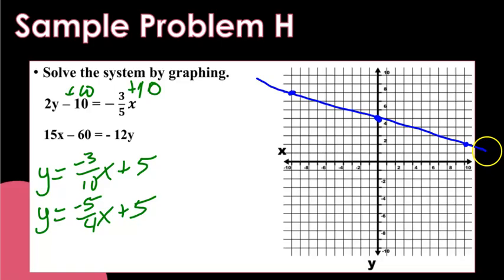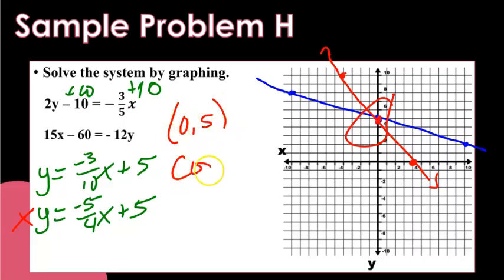So there's one line, and then the red one here, positive 5, negative 5/4, so they'd be down 5 to the right 4, or up 5 to the left 4. This one goes down this direction. You can see that they cross at the y-intercept exactly one spot. So this one would be at 0, 5. We consider this one consistent and independent.